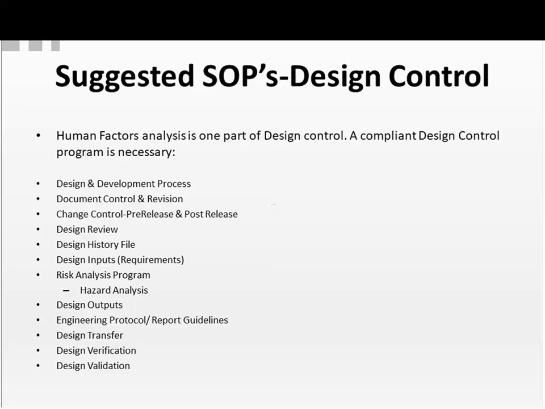You should have a pre-release change control and also a post-release change control SOP. SOP on design review, on the design history file, on how to create requirements or design inputs, your risk analysis program, how you're going to conduct the hazard analysis, your design outputs, guidelines on protocols and reports, design transfer, design verification, and design validation.